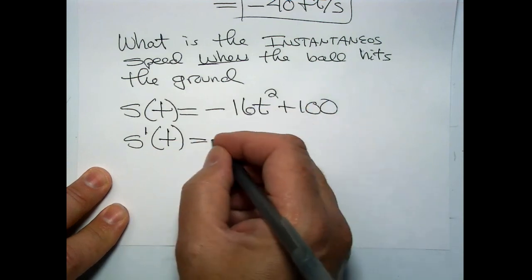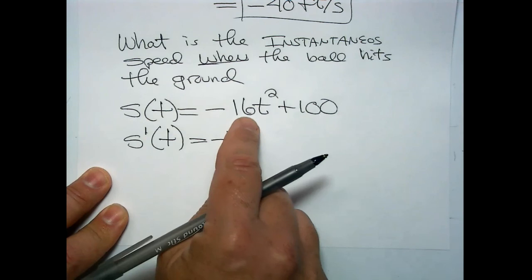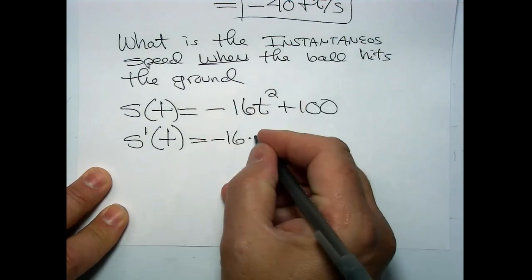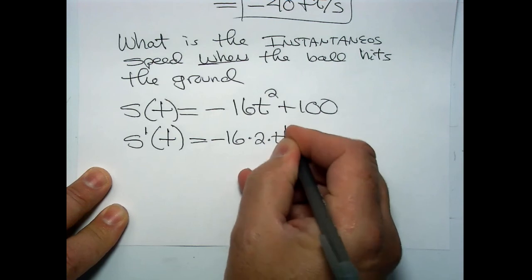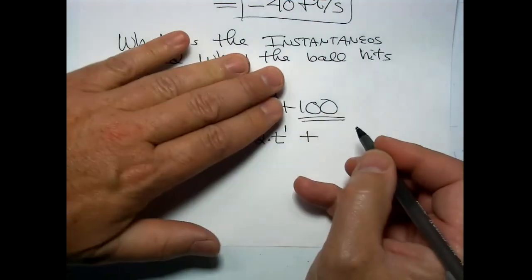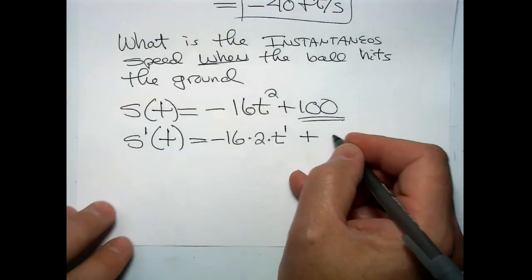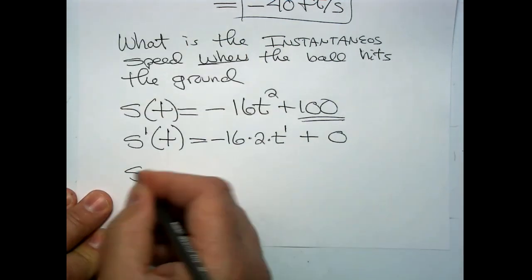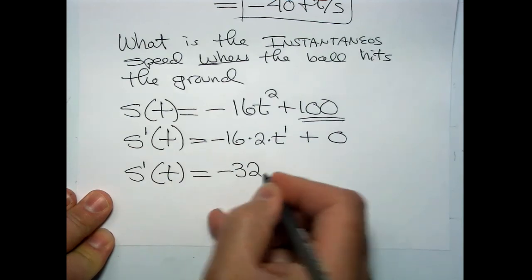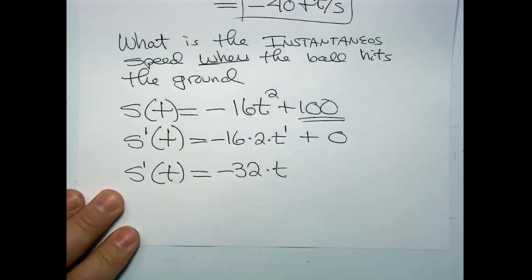Now, the minus 16 isn't going anywhere, correct? It's a constant multiple, leave it alone. So let's take the derivative of t squared right there. The 2 will drop down, deduct 1 from the exponent. Now, plus the derivative of 100. Well, that's just a lone constant. The derivative of a constant is 0. So s prime is negative 32t.